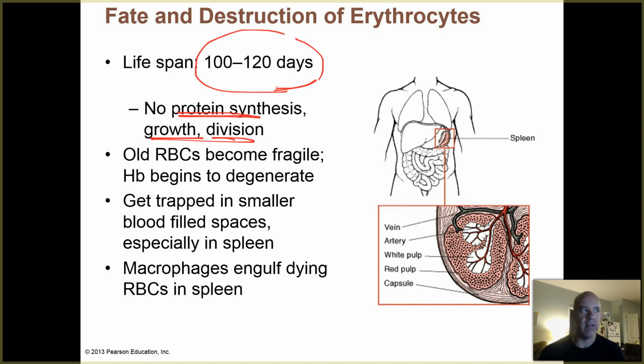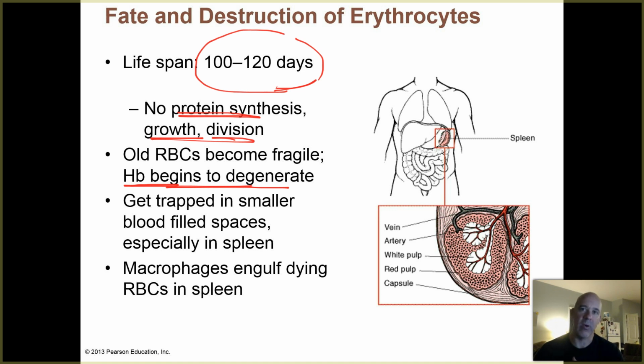Now, over time, these red blood cells, just like anything else, get damaged, they become fragile, they wear out. Your hemoglobin as well. There are little minor chemical reactions that take place all the time within your body, and over time, those minor chemical reactions are gradually changing your important molecules like hemoglobin.